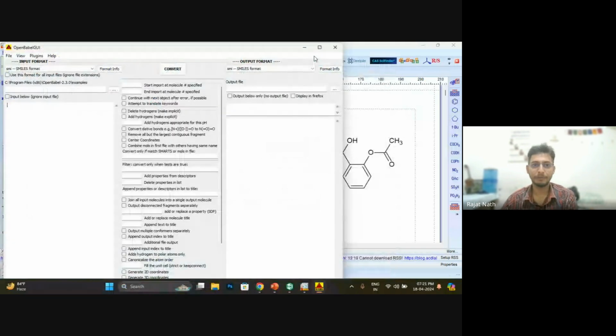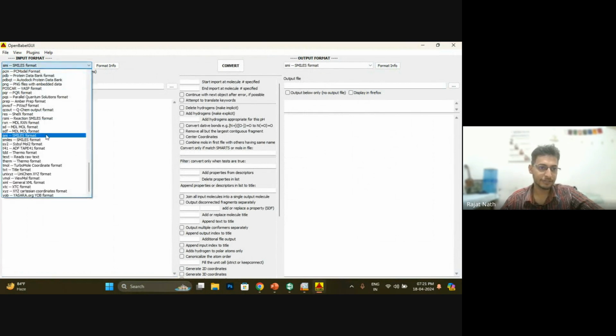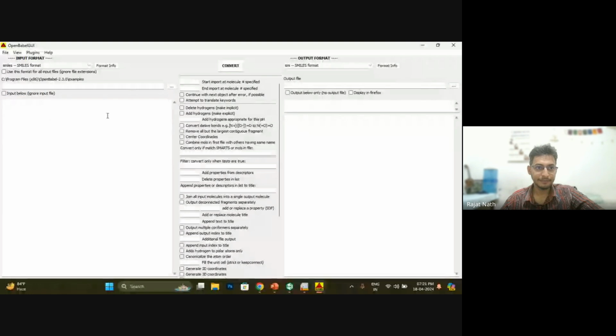So this is OpenBabel. In OpenBabel, on the left hand side is the input format, and on the right hand side, the output format. So I will input the SMILES format. Just click on SMILES, then click on input below.